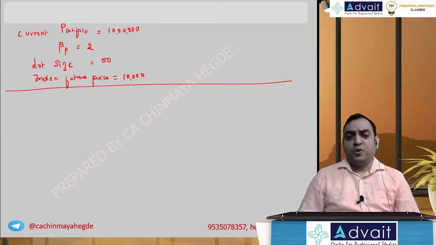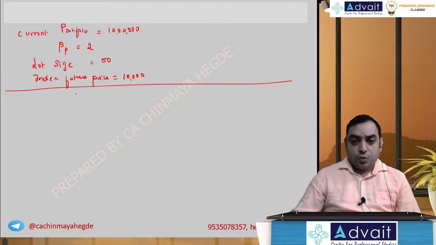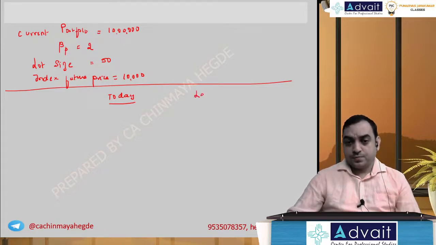What format are we going to follow? Very simple format, observe. What is the position today and what is the position later? Let's say if market price, I mean index market is up by, or let's say I'll just talk about down, it's down by, let's say 5%.